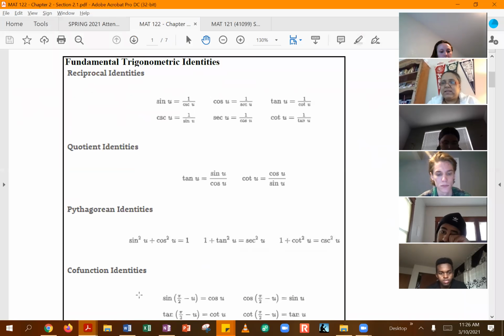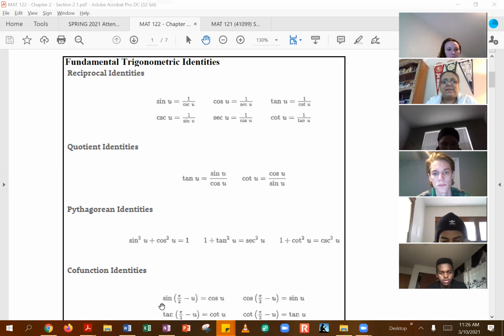So cosecant can help us come up with which other function value. Very nice. Yeah, because cosecant is the reciprocal function for the sine function, right?